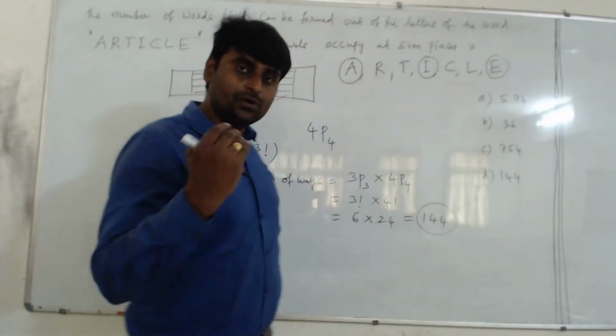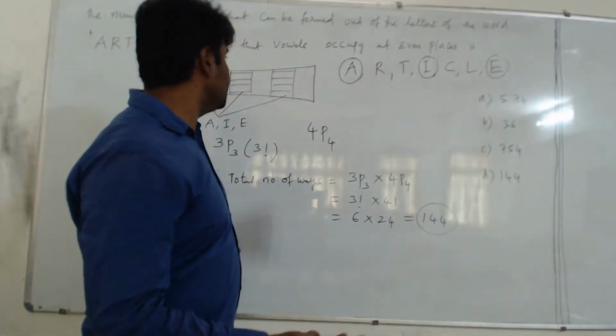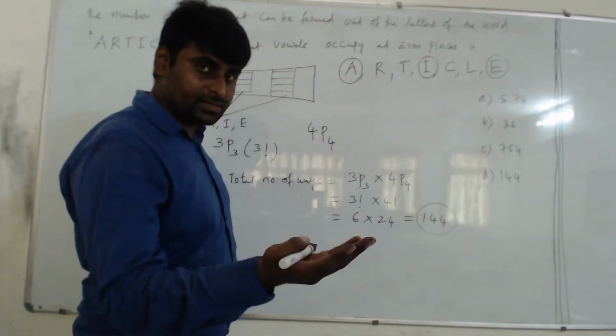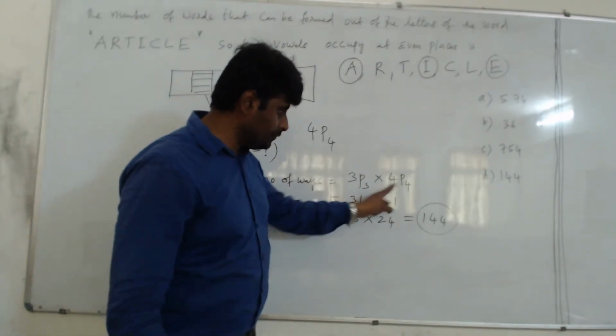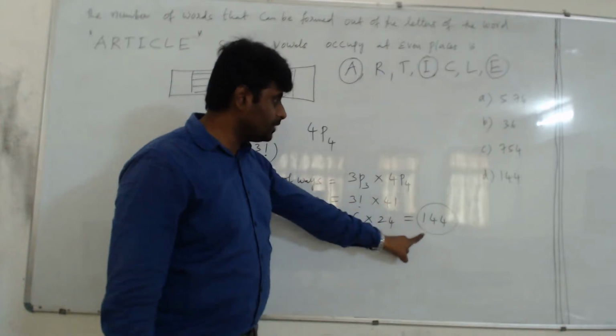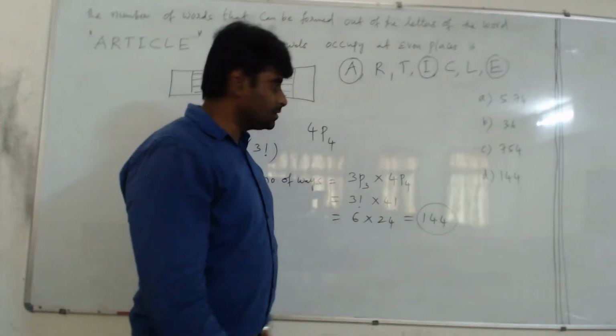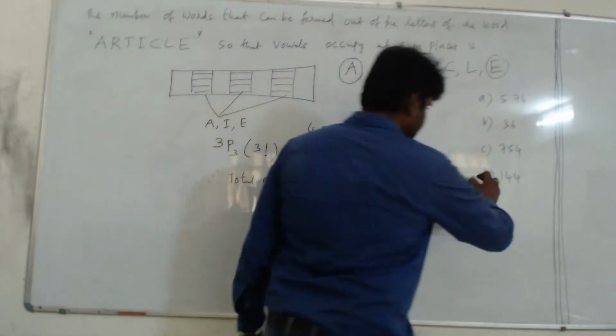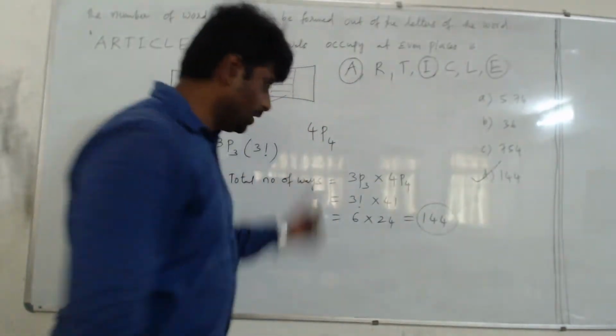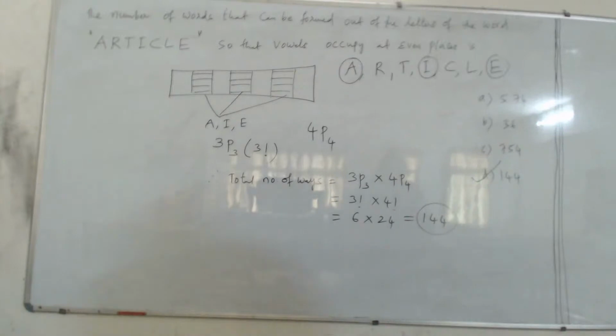So the arrangements are 3P3 into 4P4, a direct answer, 144. Clear? Which option is correct here? Option D. Clear? Make a note of that.